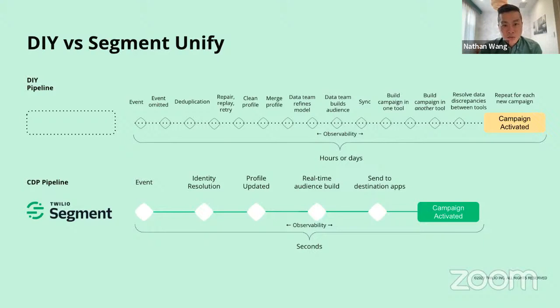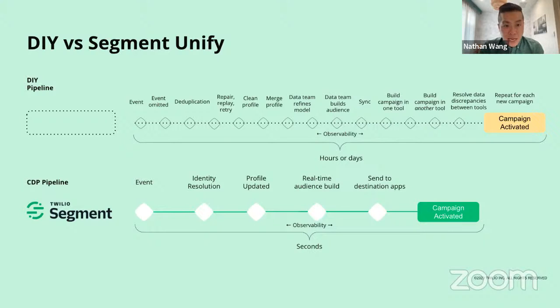You'll see that Segment Unify dramatically simplifies the identity resolution process. It reduces the effort required from the data team to one, stand up, and two, maintain robust identity resolution.